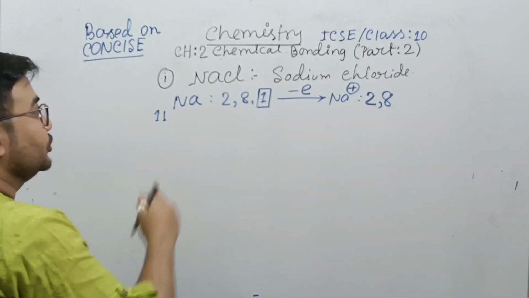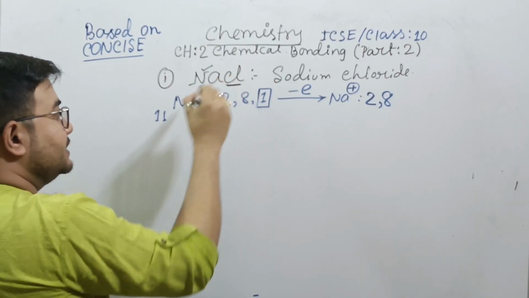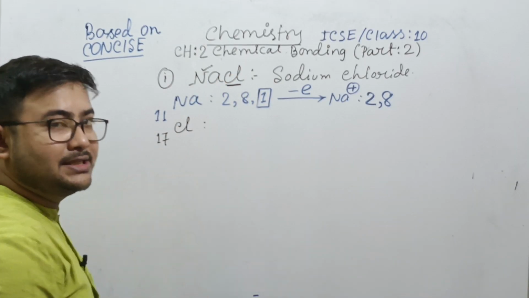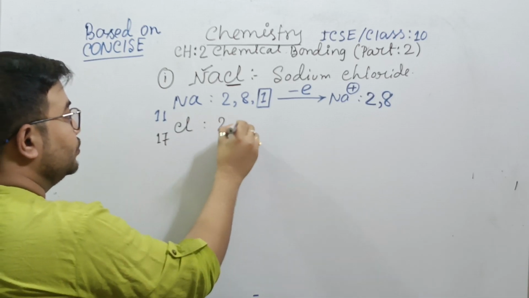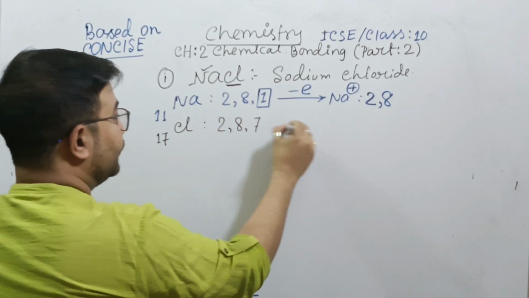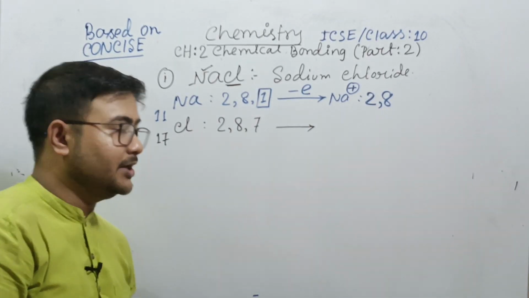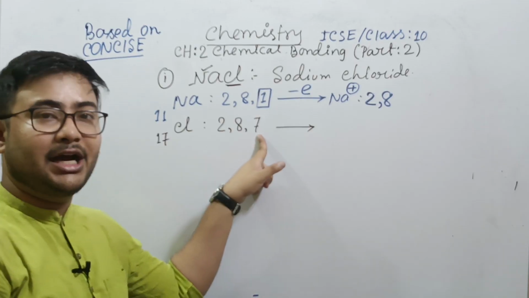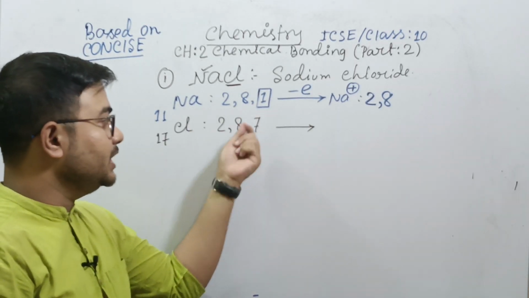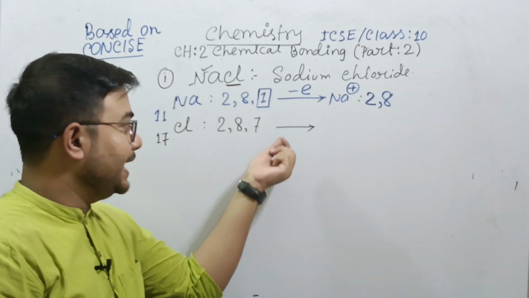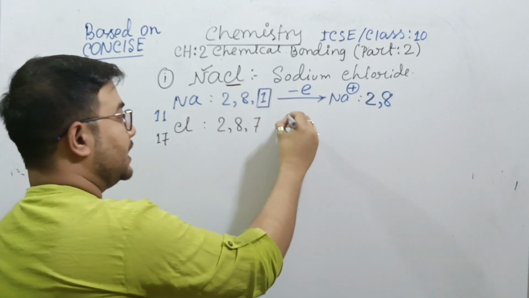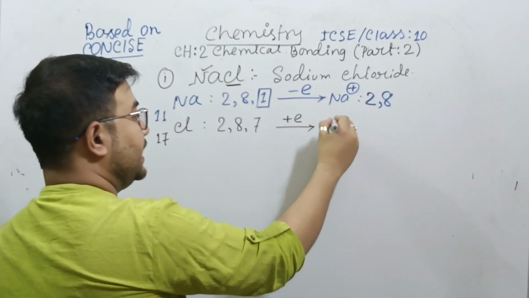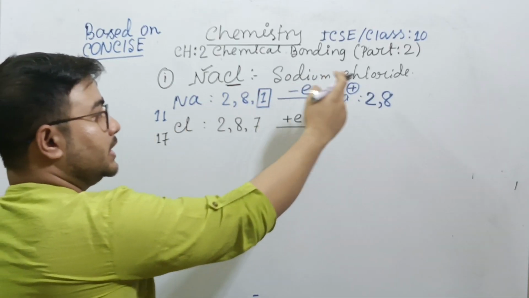Okay, sodium is done. Another element is chlorine. What is the atomic number of chlorine? 17. So 2, 8, 7. From this electronic configuration, it is very clear that the outermost shell contains how many electrons? 7. So if chlorine accepts one electron, that is plus e-, then Cl-. If any atom loses an electron, it becomes positive.